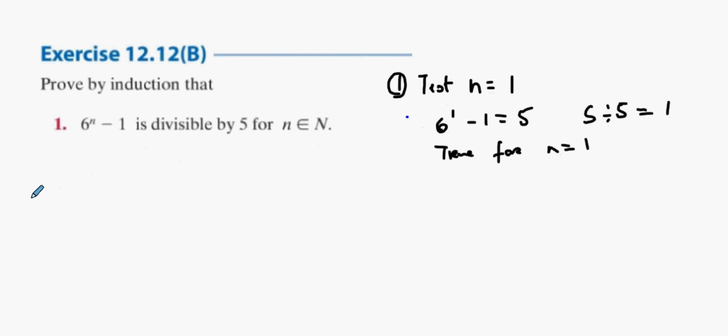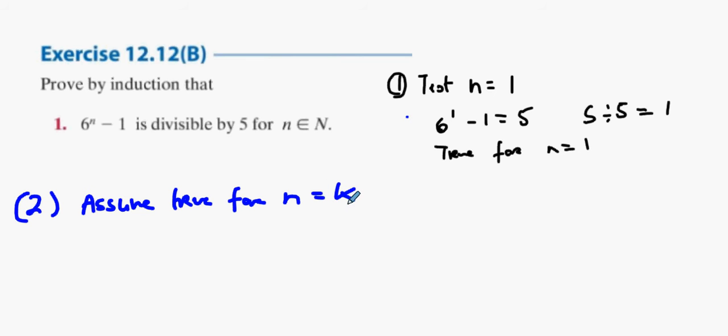It's the same. Assume true for n equals k. Now I wonder, we don't use mod, do we now?